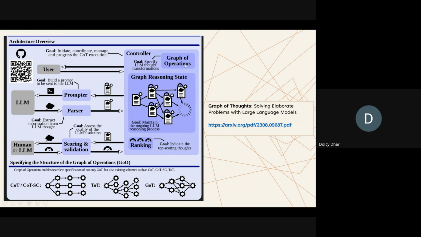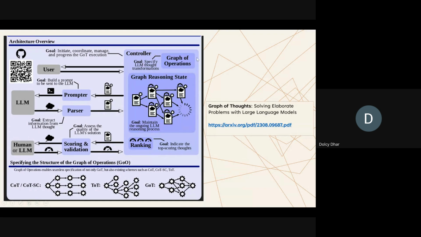So the graph of operations here is nothing but a blueprint of all the things that the LLM has to do. Like how in chain of thought you first extract entities, then you summarize, then you classify, right? The graph of operations would be these three steps written in order. So basically your logic written in order.